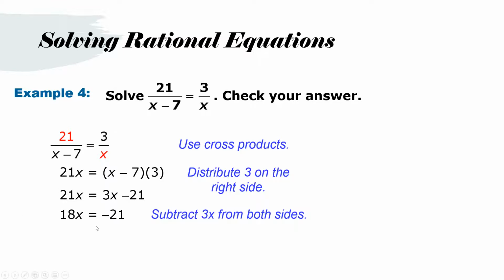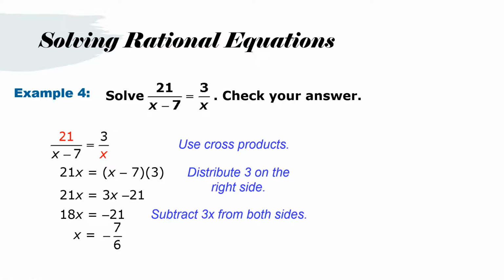Now, divide both sides by 18. The answer is negative 7 over 6. If we divide negative 21 by 18, we will not get an integer number.